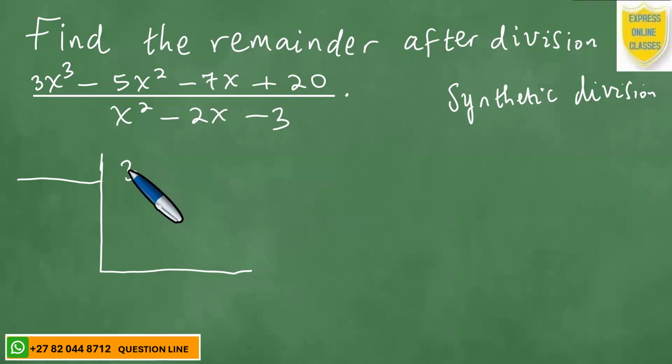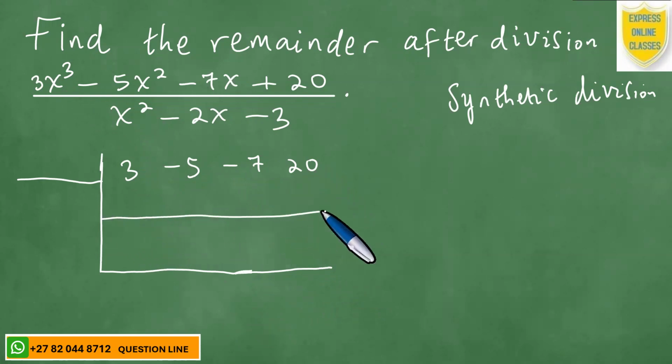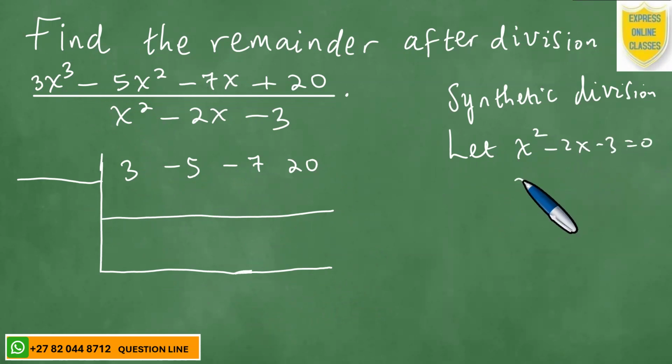So we have 3, minus 5, minus 7 and 20. And so we continue with the polynomial division, and we're going to let the divisor be x squared minus 2x minus 3.